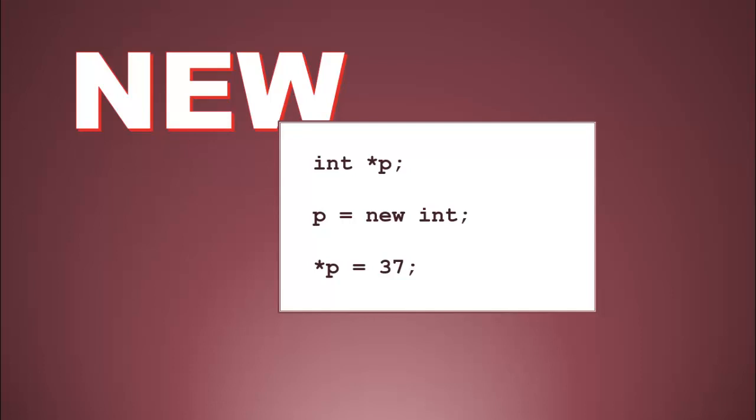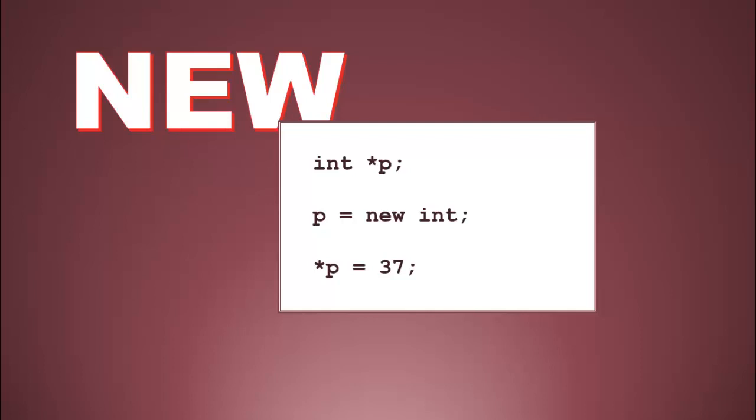So you see we have integer p as a pointer declared. When we use the new operator, we say p equals new, keyword new, integer. So that is the size of the memory space. It is going to go out and allocate one single integer's worth of memory location.